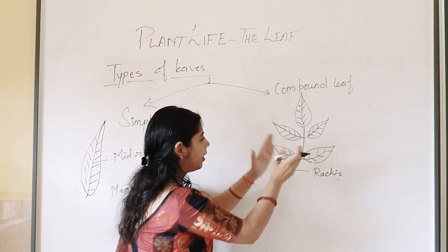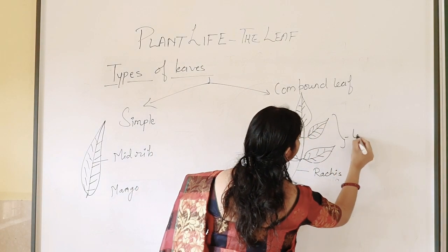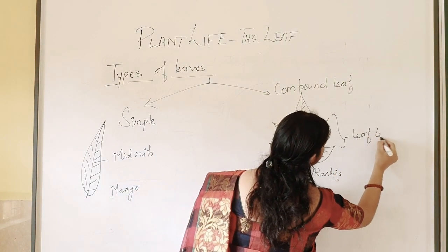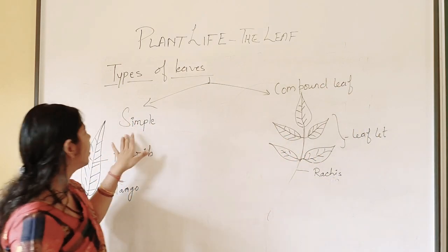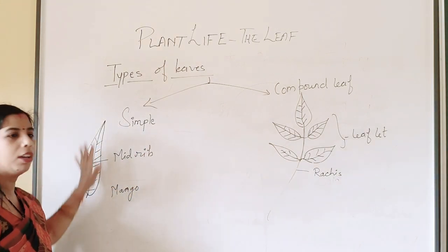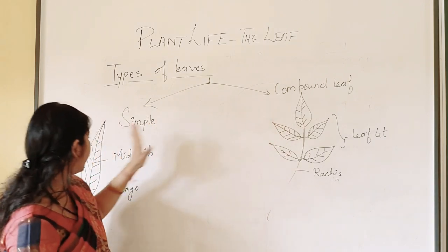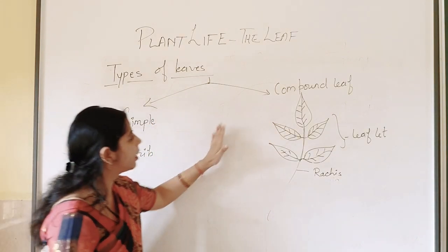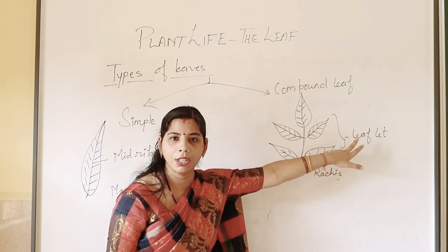That means lamina is furtherly divided into the other leaf, and these are known as the leaflet. So this is the basic difference between the simple leaf and the compound leaf. In simple leaf the lamina is not divided, but in compound leaf the lamina is furtherly divided into the leaflet.